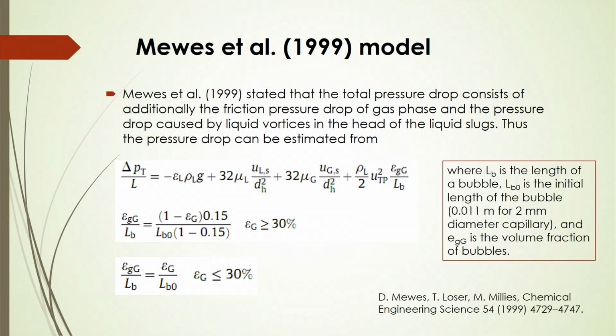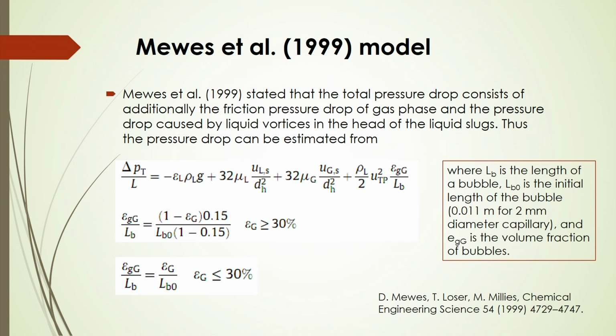Similarly, other models can also be used, like the Mewes et al. model given in 1999. This model stated that the total pressure drop is based on the additional frictional pressure drop of the gas phase and the pressure drop caused by the liquid vortices in the head of the liquid slugs.